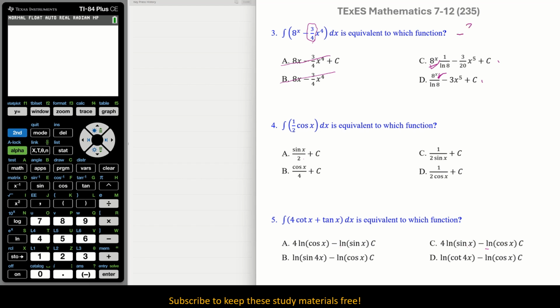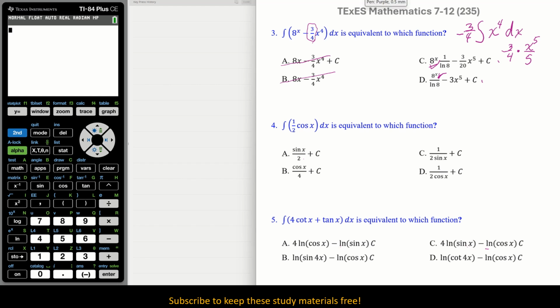We should see negative 3/4, and then the actual integration occurs with x to the fourth. Well, that means that we would have negative 3/4 times, okay, x to the fifth over 5.